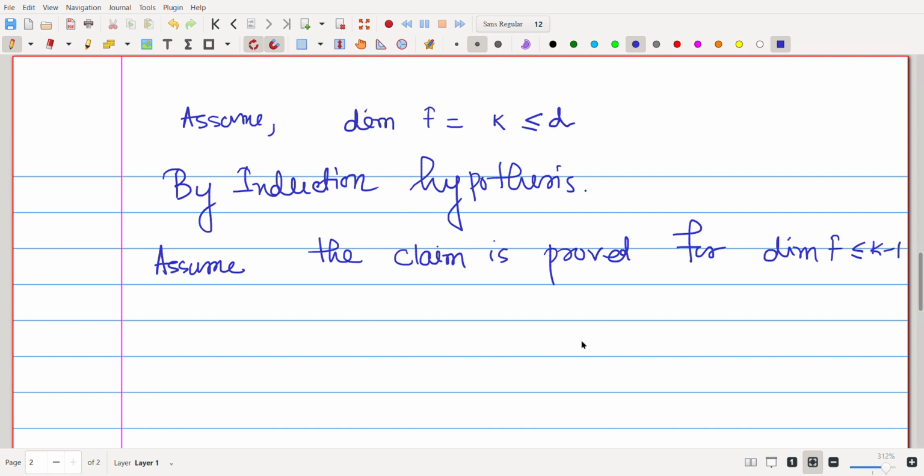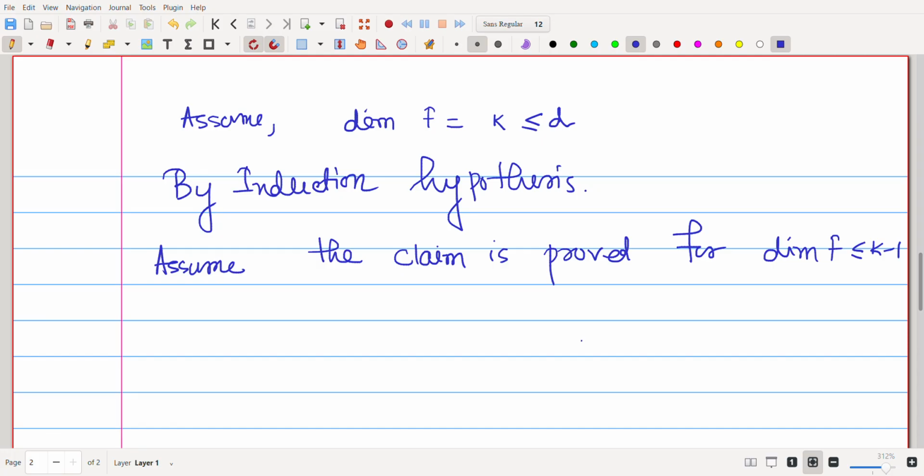We have already shown it for k equal to 1, and we assume that it is true for k minus 1 down to 1. So now we need to show it when the dimension of F is k.